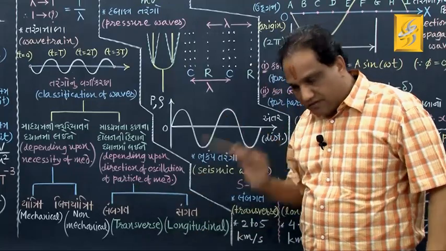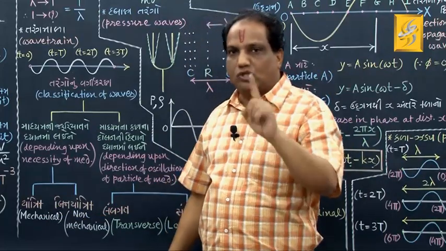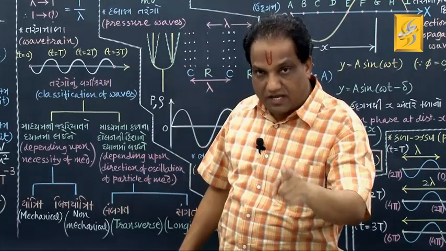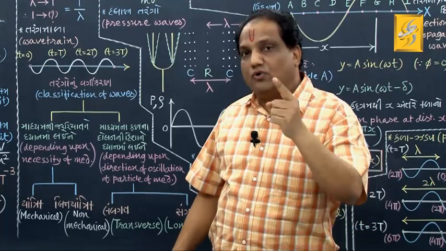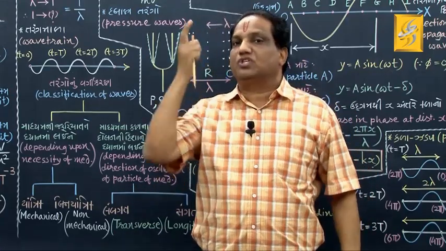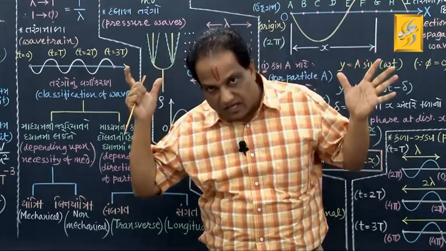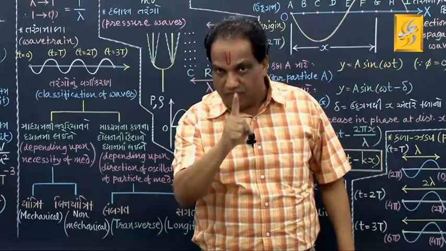Let us see one by one. First of all, mechanical waves. All those waves which propagate in elastic media, during the propagation of which particles of the medium take part in the process of propagation, are called mechanical waves. For example, sound waves.